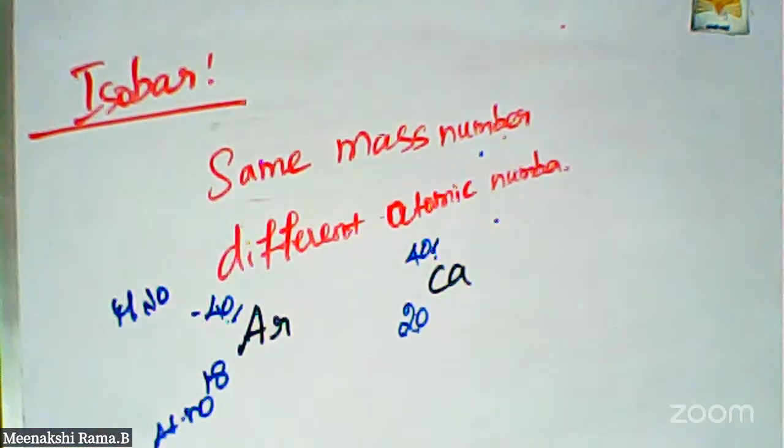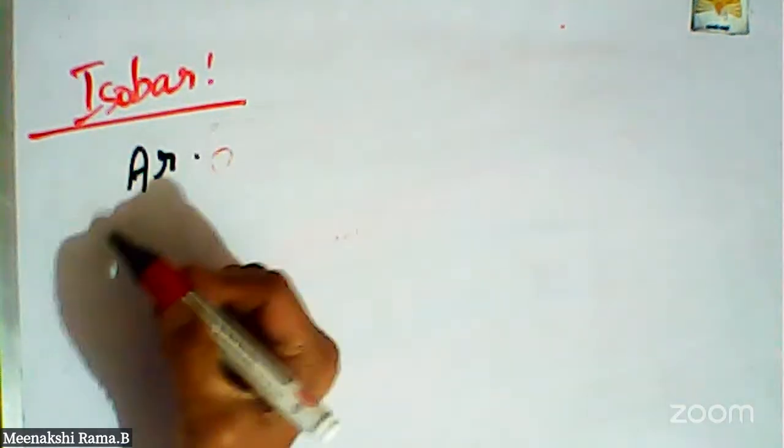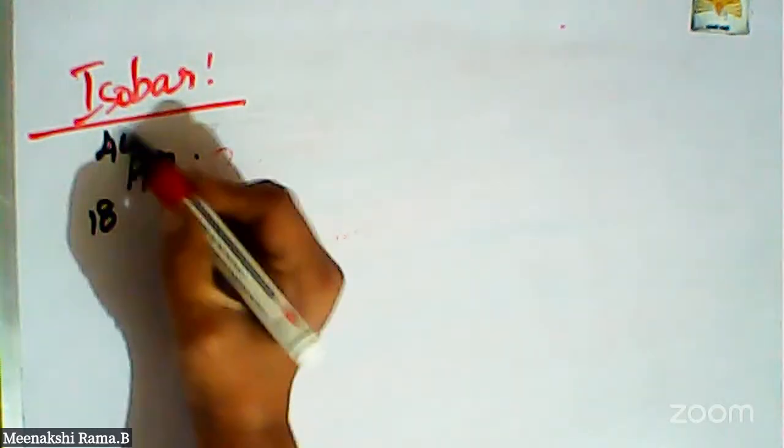How is it possible? We already studied that the electrons are around the nucleus, and the center part containing protons and neutrons is called the nucleus. In argon, the atomic number is 18 and the mass number is 40.